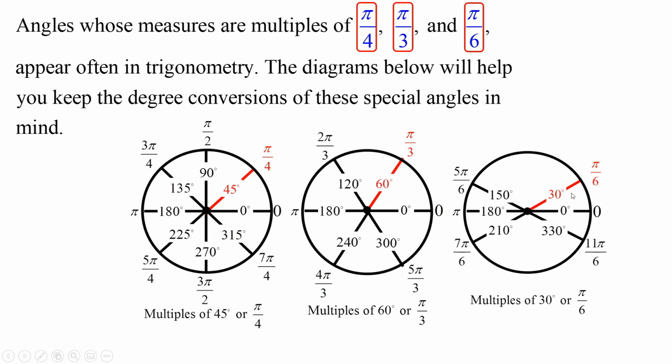All right, and pi over 6 is 30 degrees. 5 pi over 6 is 150 degrees. 7 pi over 6 is 210 degrees, and 11 pi over 6 is 330 degrees. All right, there's your key diagrams, and I'm going to give you a copy of that. At least when we're remote, I will give you a link so you can print out a copy of this.